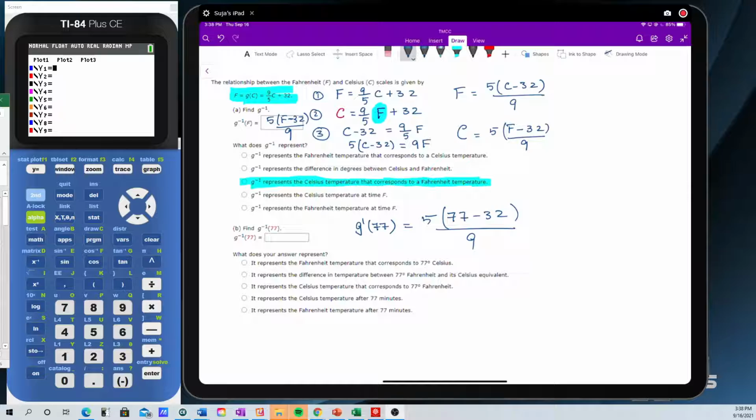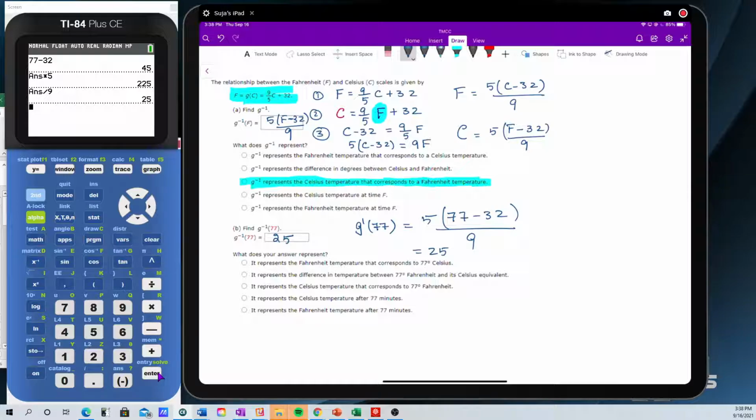If I use my calculator, 77 minus 32 is 45, times 5 divided by 9, so it's 25. Okay, so 25 would go here.